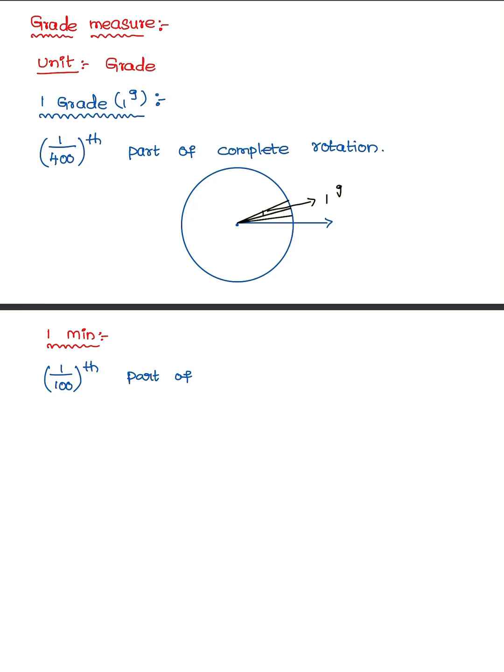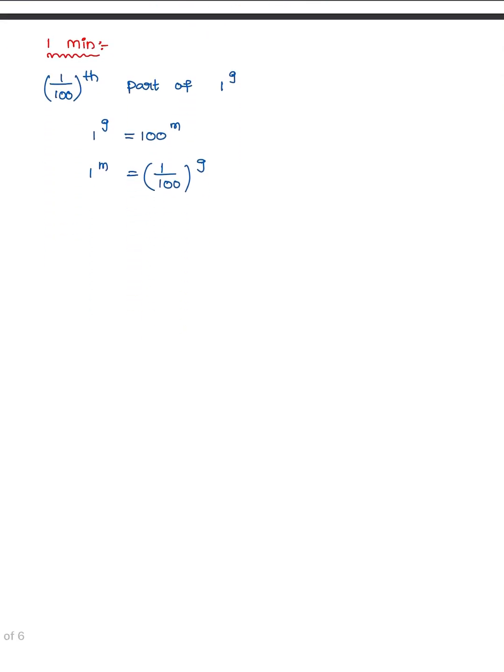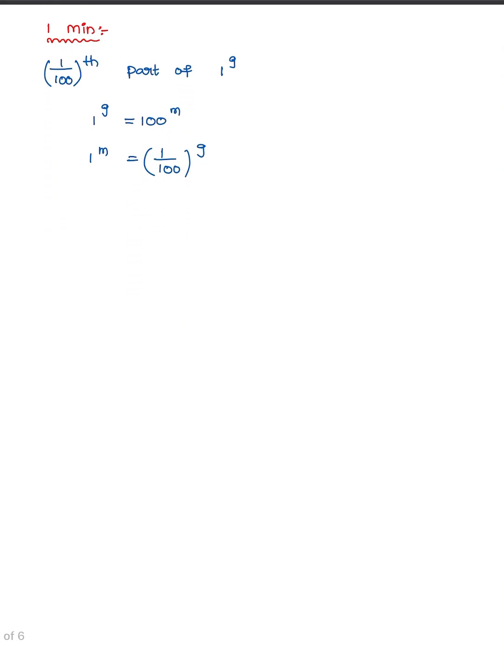1 grade is 1 minute. That means 1 grade is equal to 100 minutes, and 1 minute we can say is 1 upon 100 grades. Again, this minute in the grade system we can divide as seconds. The notation for second is the same as in degree measure.